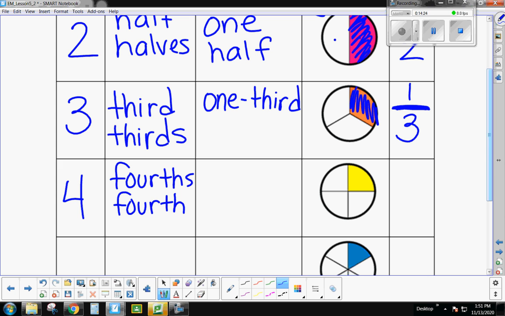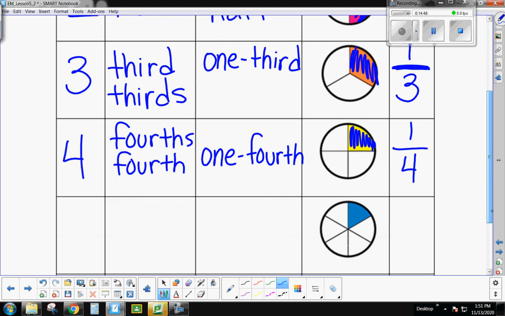Okay, so now, what do I call just one out of those 4 parts? I would call that 1/4. This is how I say it as a word. Writing it as a number, I write it 1 out of 4.